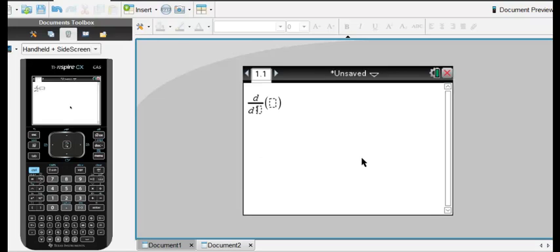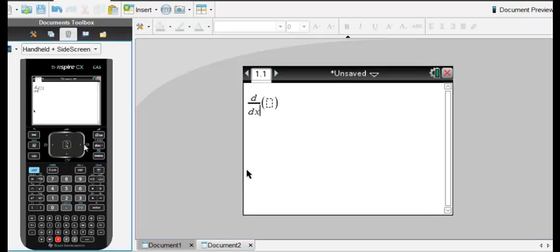So I'm going to enter exactly the same thing. This is a TI-nspire CAS. Let's see if I can remember what it was. 5 times ln of x to the power 2 plus x.